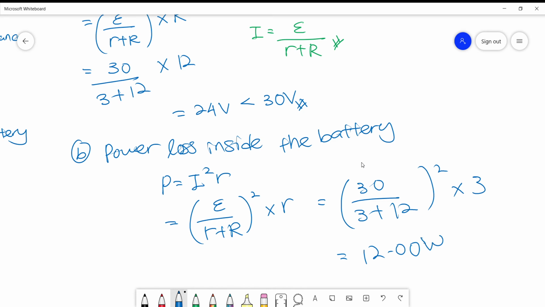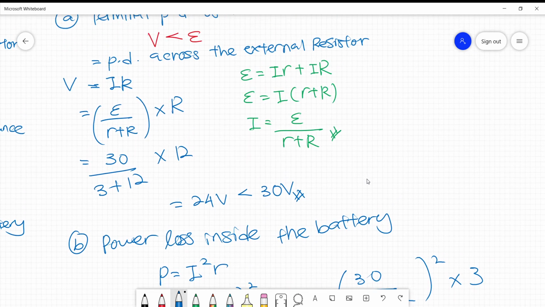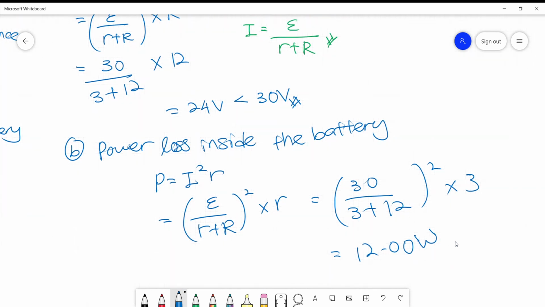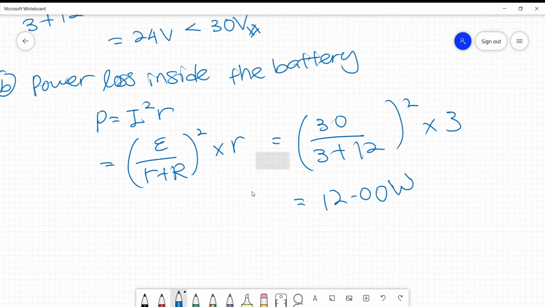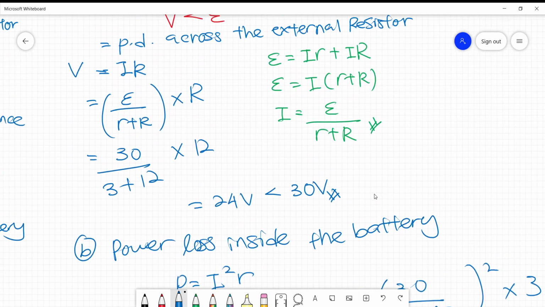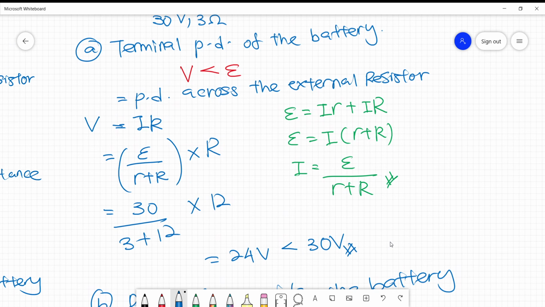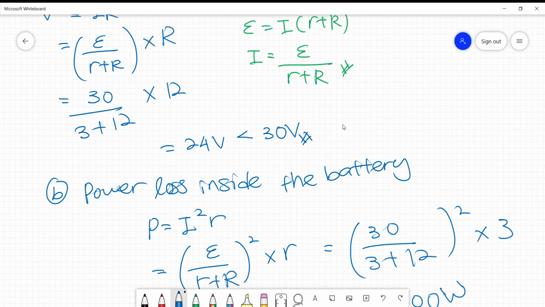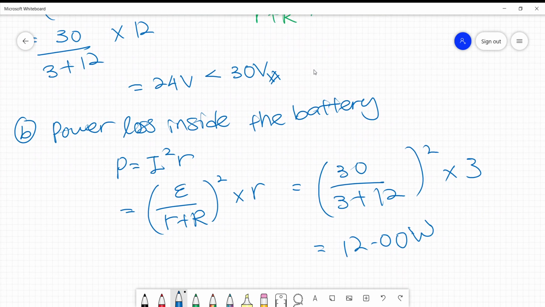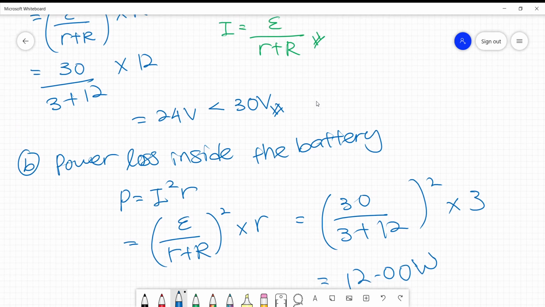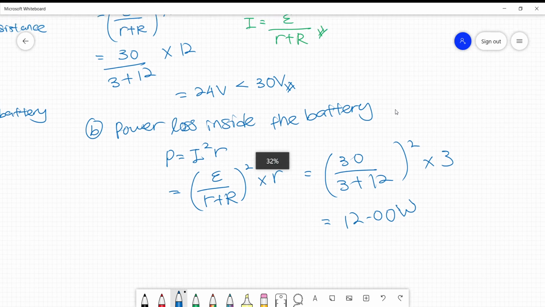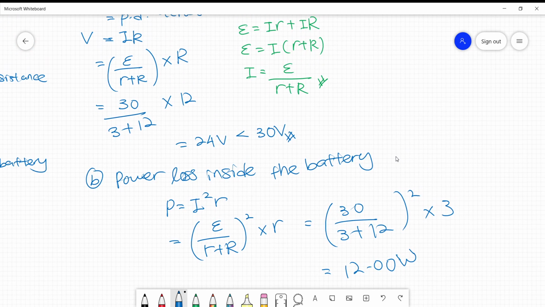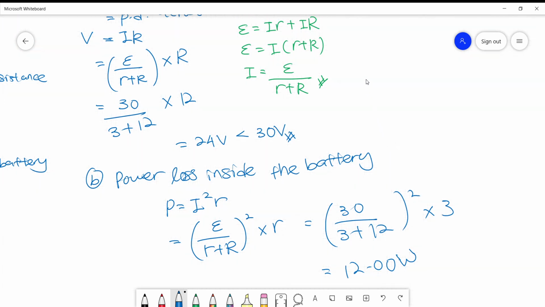So that's it for the first question. Part A asks for the terminal potential difference, and part B asks for the power loss inside the battery. This is how we find and calculate the values using the related formulas.